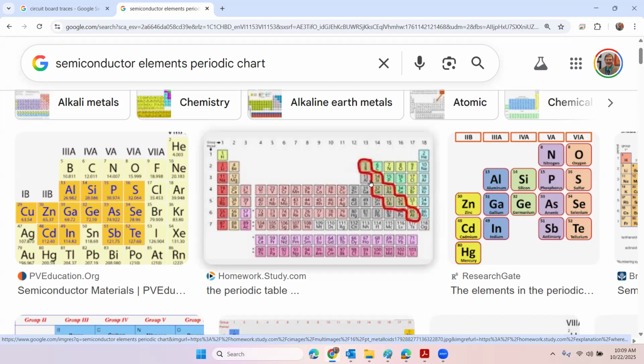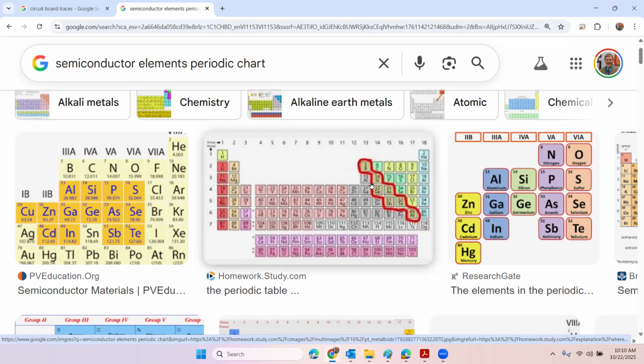And what's most important about digital components is that they're critically dependent on a group of elements on the periodic chart called semiconductors or semi-metals, right? Semiconductors.